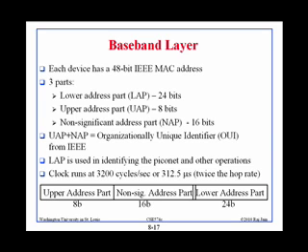Alright, so the address is divided into 3 parts, and this 16 plus 8 bit part is the organizationally unique identifier, the OUI. And then the LAP, which is the lower address part, is used in identifying the Piconet and other operations.